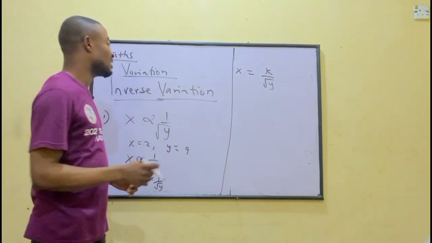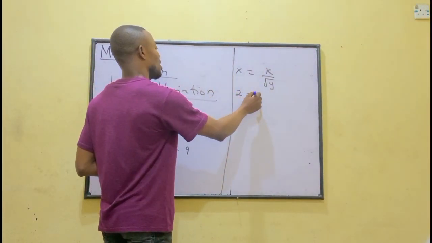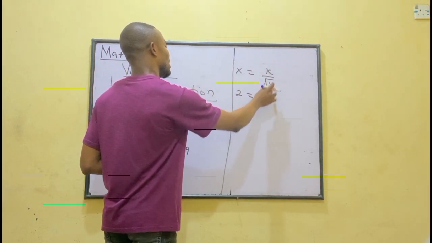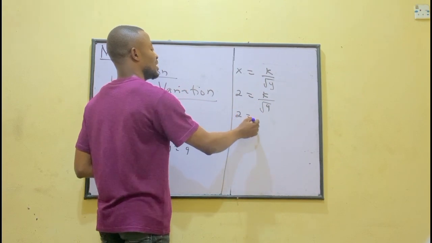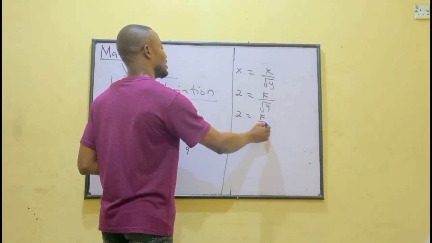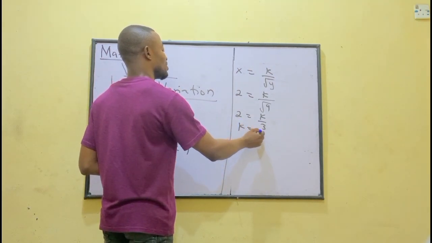From here now, x is equal to 2 and y is equal to 9. So this is 2 being equal to k over 3. When you cross multiply, k is equal to 6.